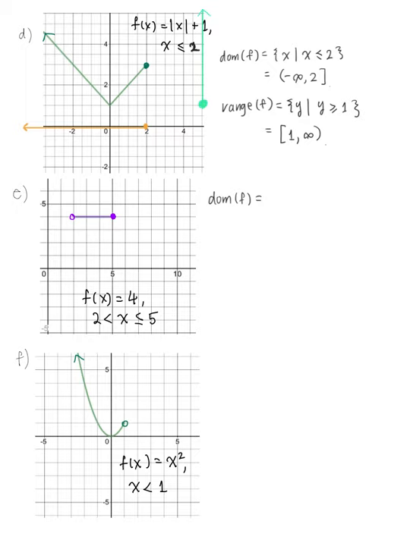That should be open. And then all the way up to 5 included, but your graph stopped here. So the domain of f is the set of all x such that x is between -2 and 5, but -2 is excluded. So you have -2 less than x less than or equal to 5. In interval notation, this is open -2, comma, 5 closed.